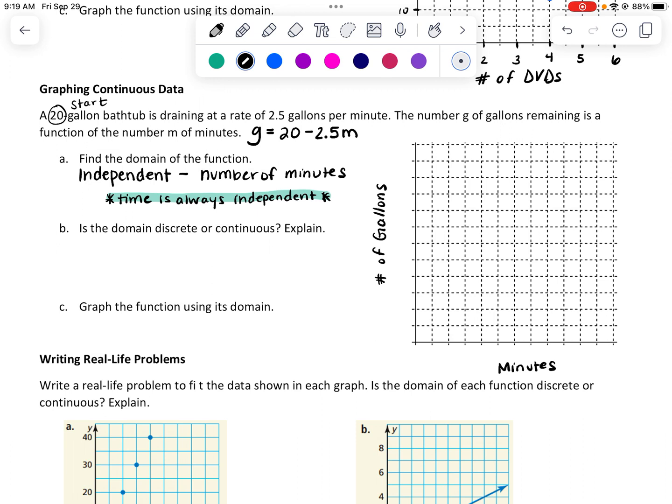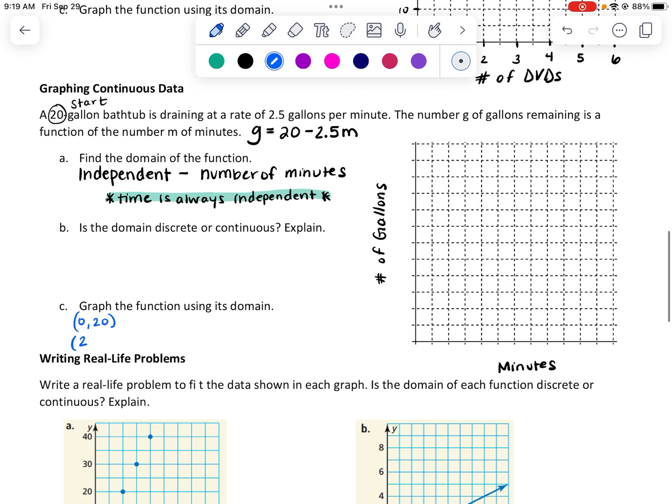Let's do some math off to the side. If I have 0 minutes, I have 20 gallons. Let's just jump a few, that way it will go a little faster. If I drain the bathtub for 2 minutes, how many gallons will I have left?